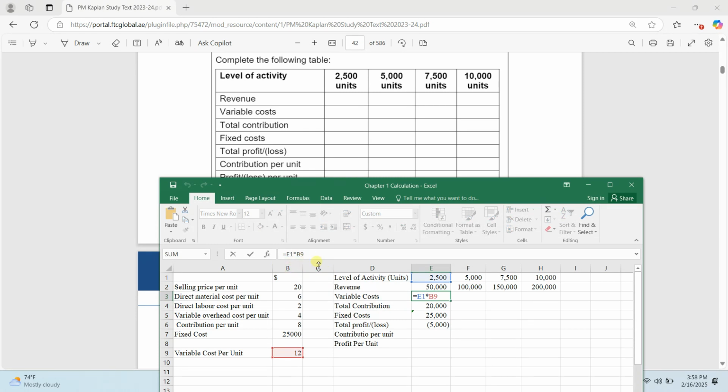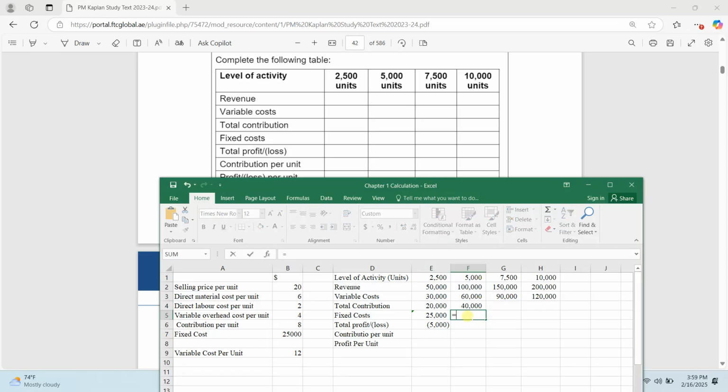If I put a dollar sign here, I'm going to fix the variable cost. So you can see that if I produce 5,000 units, for 1 unit my variable cost is 12. Similarly, total contribution is how much? 100,000 minus 60,000, 40,000 is my contribution.